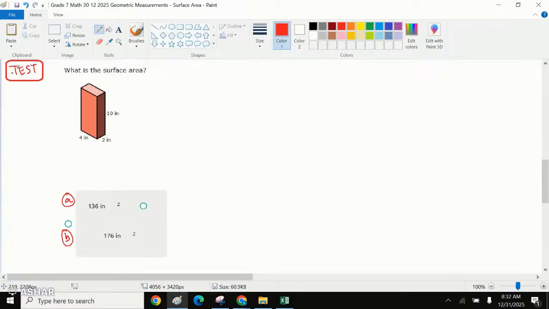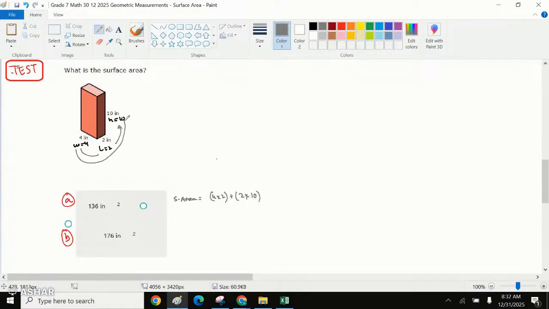Let's try doing it our way, right? See, what I would do is length was 2, width is 4, and the height was 10. Let's make my life easier. I'm just doing rough working first. So I would say surface area. I multiply these two together, 4 multiplied by 2, plus these two together, 2 multiplied by 10.